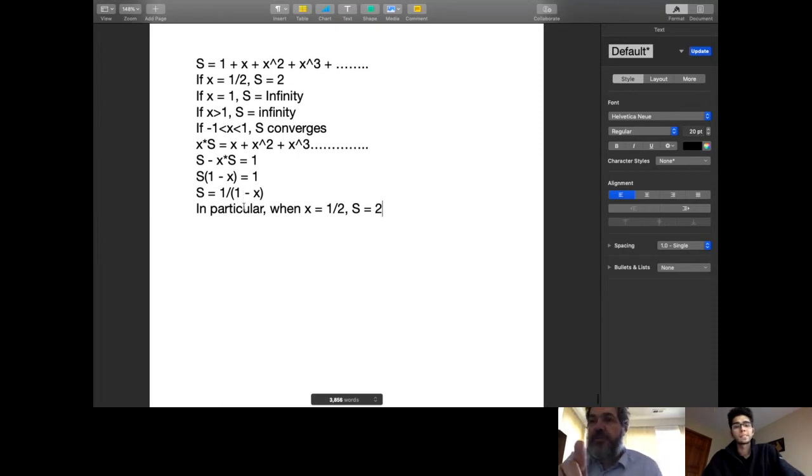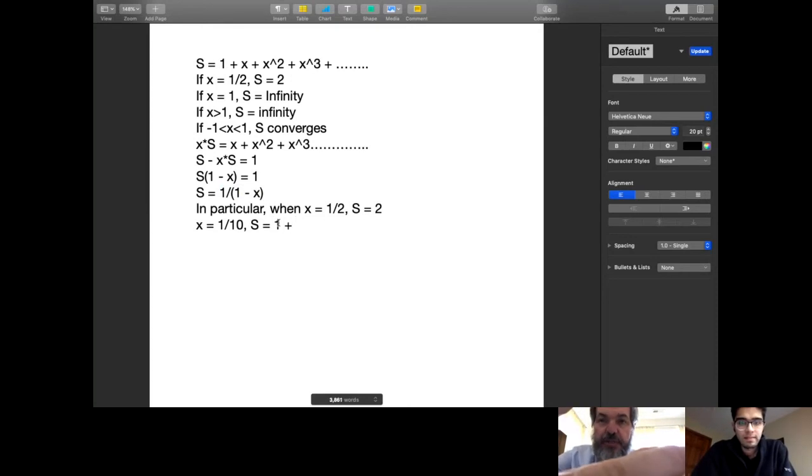Now let's take another particular case, which was from this cartoon, from Achilles and the turtle. When x is 1 over 10, let's first write what S was defined, and then we compute it by our formula. S was 1 plus 1 over 10 plus 1 over 100 plus 1 over 1,000 and so on.